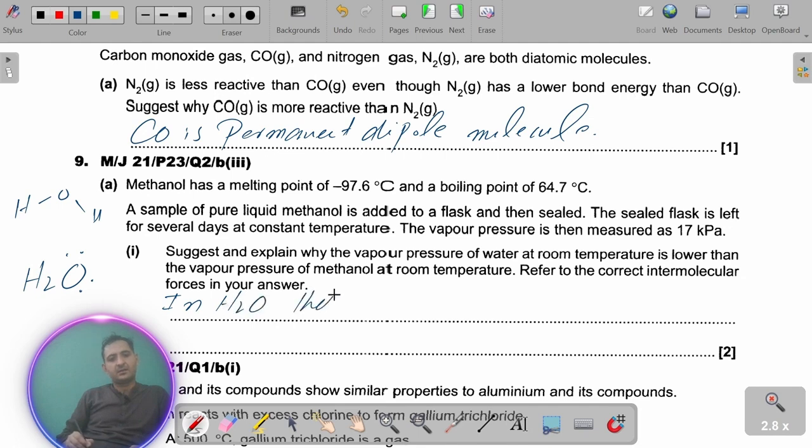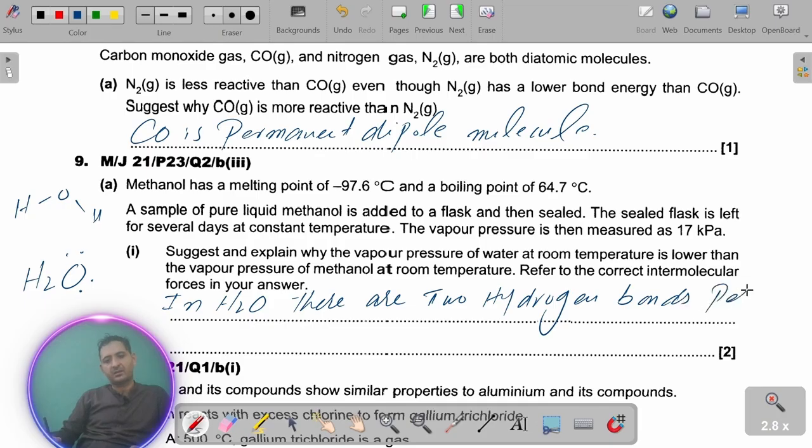There are two hydrogen bonds per molecule in water, while in methanol there is only one hydrogen bond.